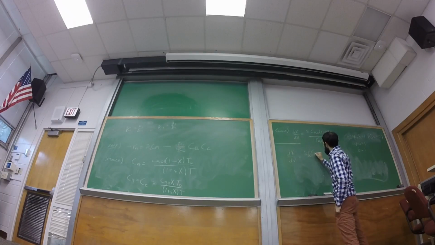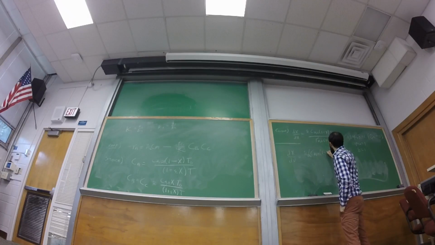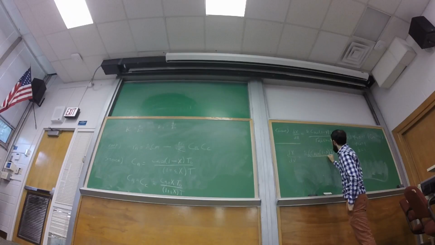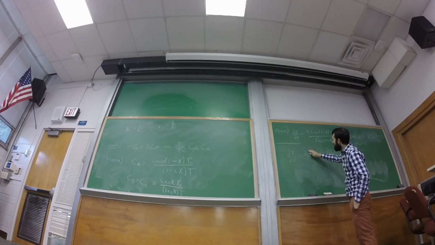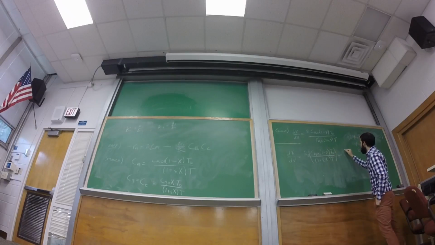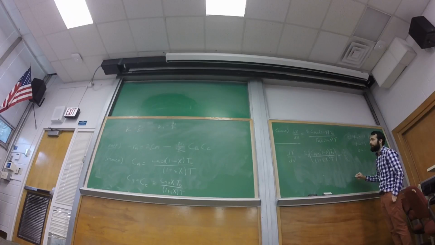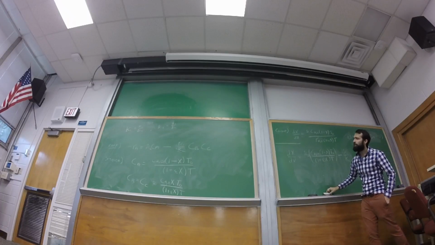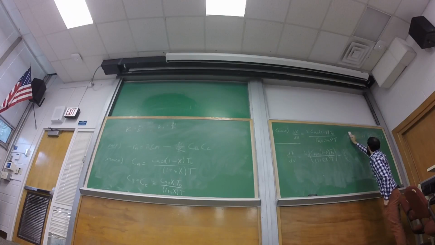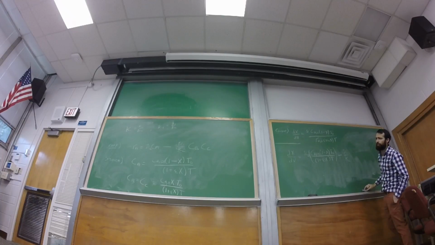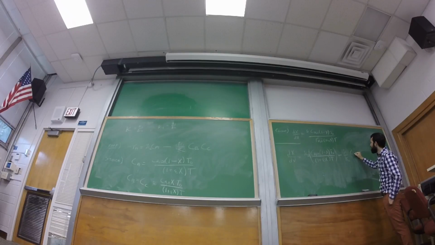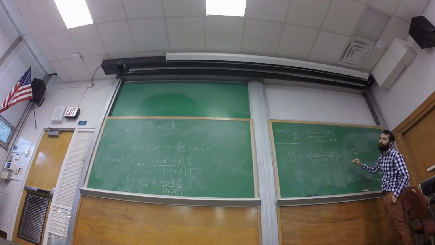That big thing, CA naught 1 minus X v naught divided by (1 plus epsilon X) minus the rate constant again, over the big equilibrium constant, and then the concentration of B, which is that stuff over there, squared. Because the concentrations of B and C are the same.